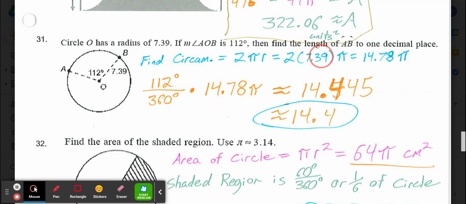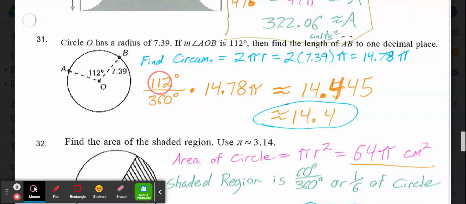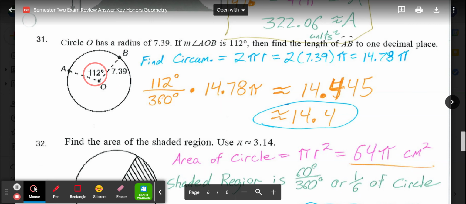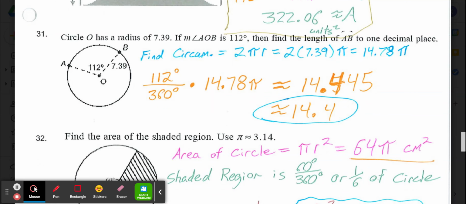So 2 times 7.39 times pi, or 14.78 pi. Multiply that by the fraction of the circle based around our angle measure. So our whole circle's 360, angle measure is 112. So 112 over 360 times 14.78 pi, giving us 14.445, or 14.4.